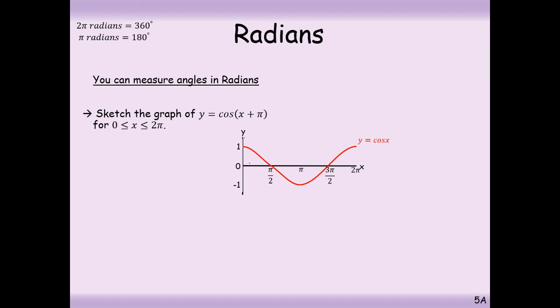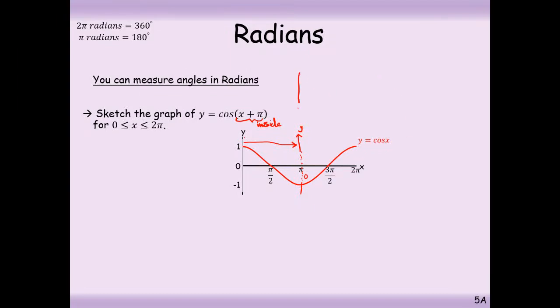The curve remains as it is, because this is inside the bracket, but it shifts the y-axis forward by pi. If you imagine the curve, the red curve will remain as it is, and the new zero will be here.